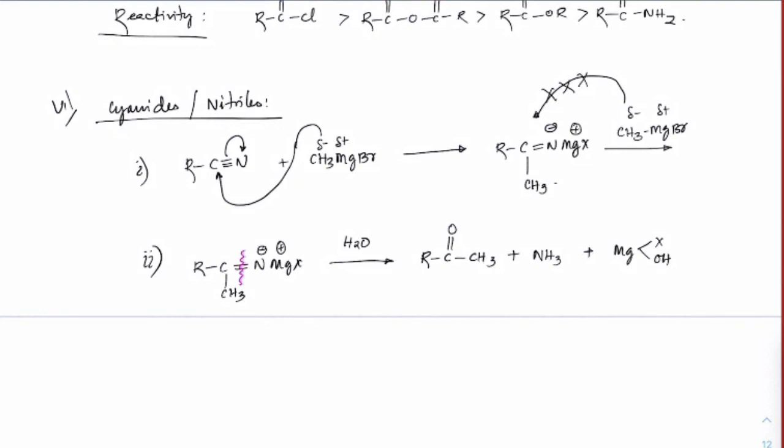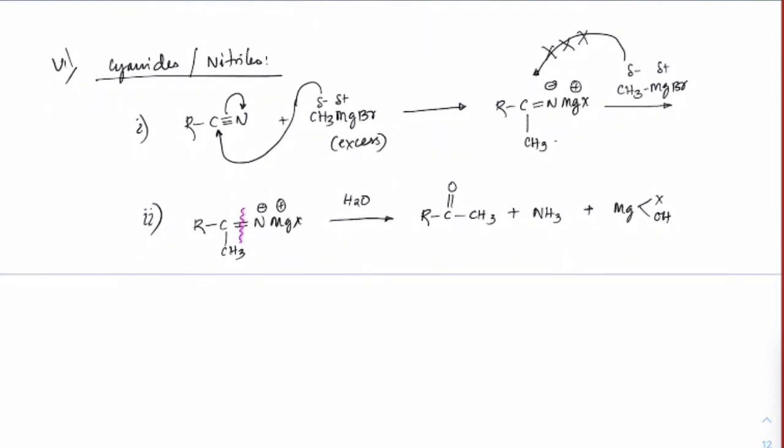Okay, no matter how much excess amount you give, the reaction will still end up with ketones only. Even if you give excess amount of Grignard's reagent also, the reaction will not go beyond ketones. So this is a good way of preparation of respective ketones.